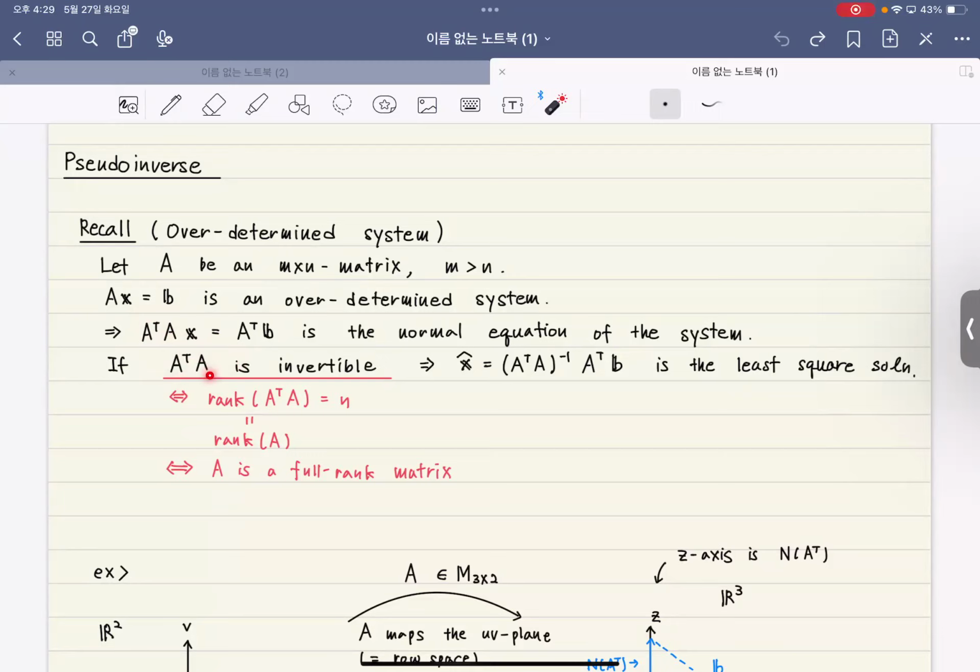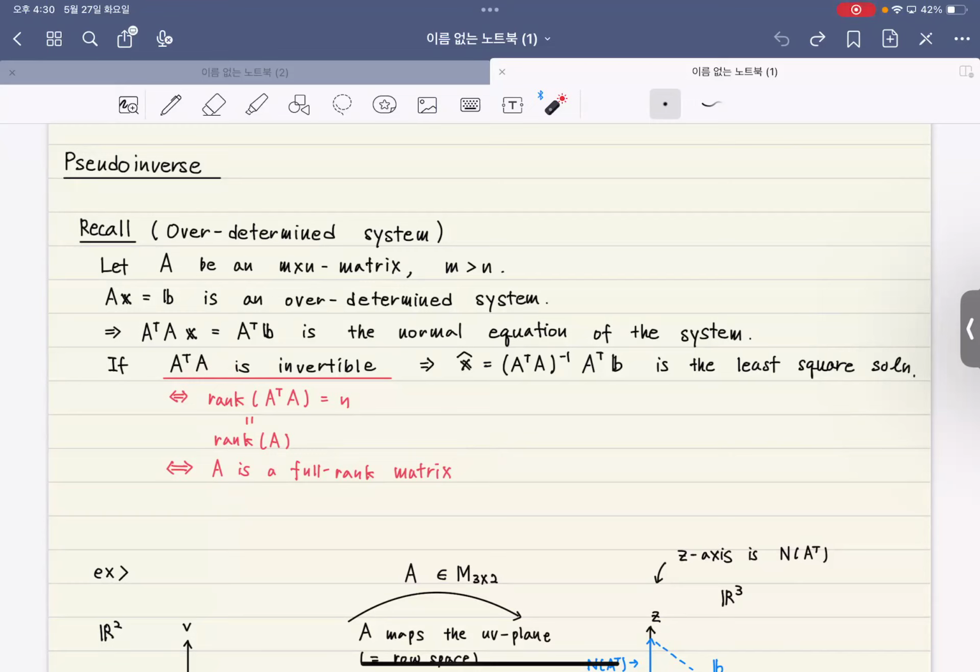Here we are assuming that A is an m by n matrix, so A^T A is an n by n matrix, and an n by n matrix is invertible if and only if its rank is n. But the rank of A^T A is the same as the rank of A. In other words, this matrix is invertible if and only if A is a full rank matrix. So to find the least square solution previously, A must be a full rank matrix.